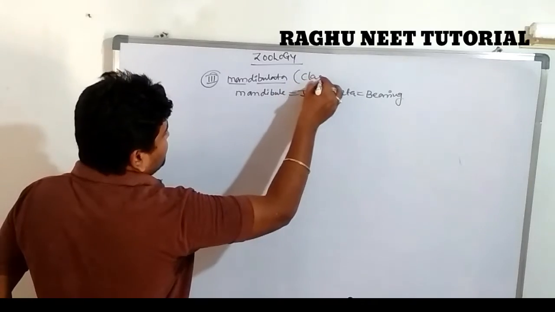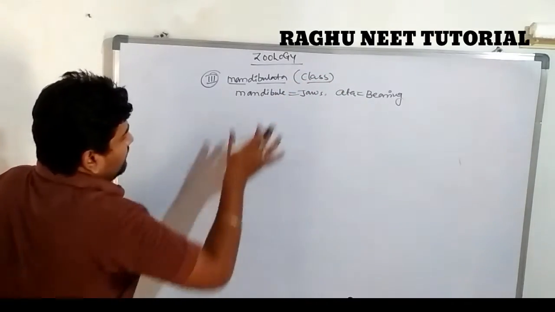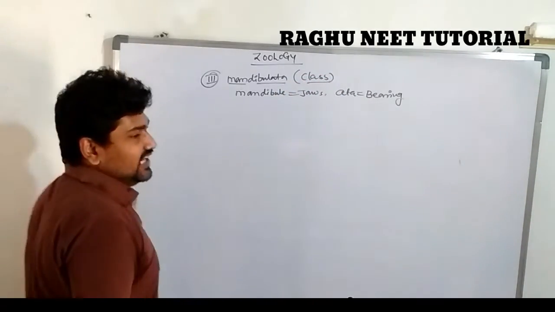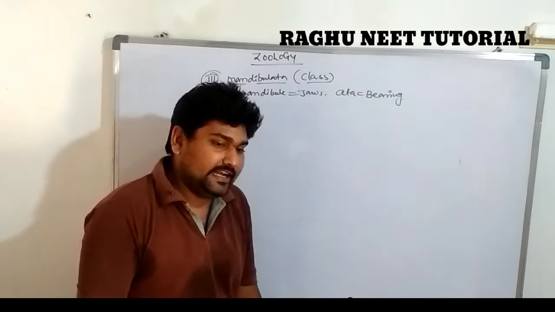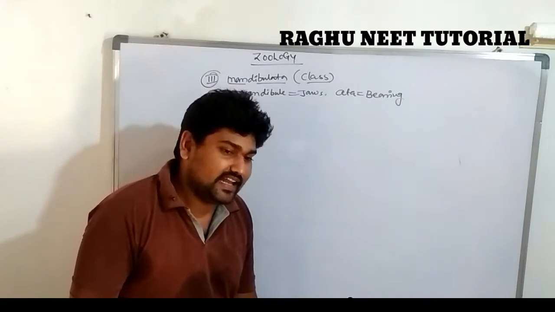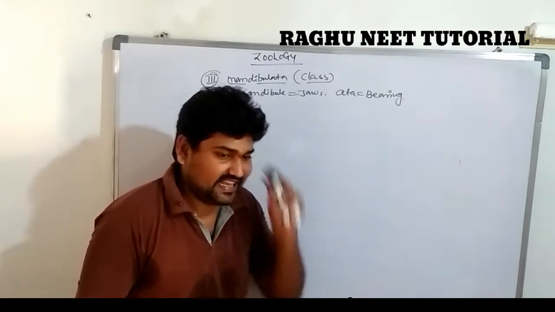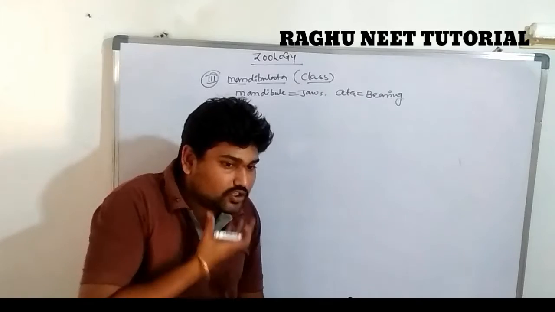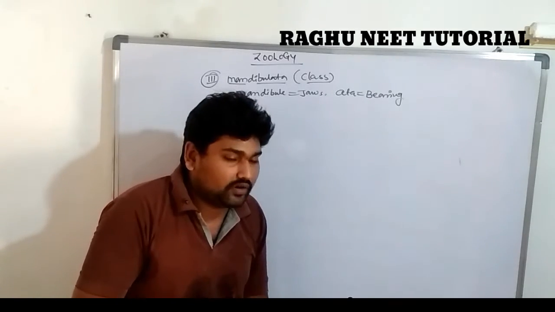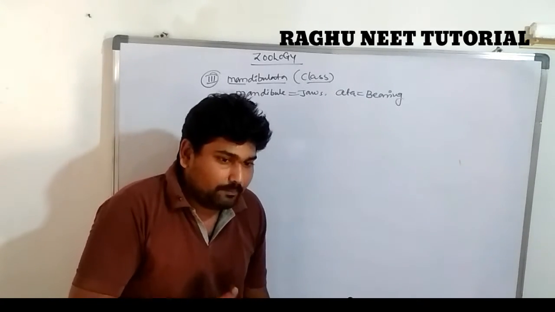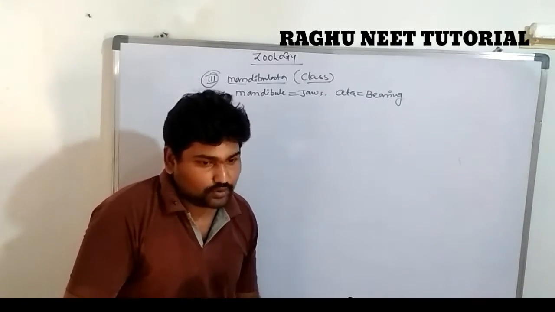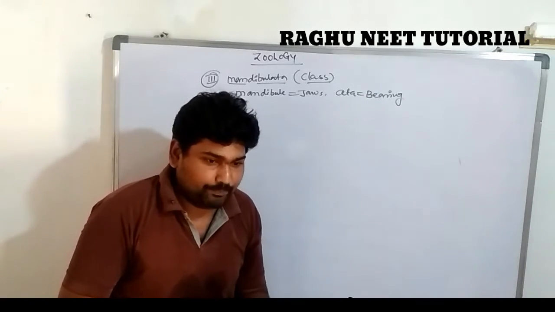So these organisms consist of jaws. Highly developed mandibles and maxillae are present in this class. Those that have jaws, mandibles and maxillae are introduced into Mandibulata.